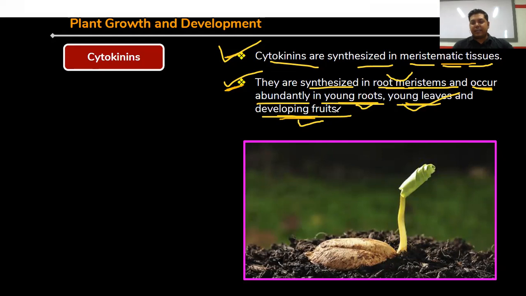Because these regions mainly contain cytokinin plant hormones, which are involved in cell division. So here a huge amount of meristematic cells are present. Clear? That's why cytokinins are present in huge amounts in these regions.